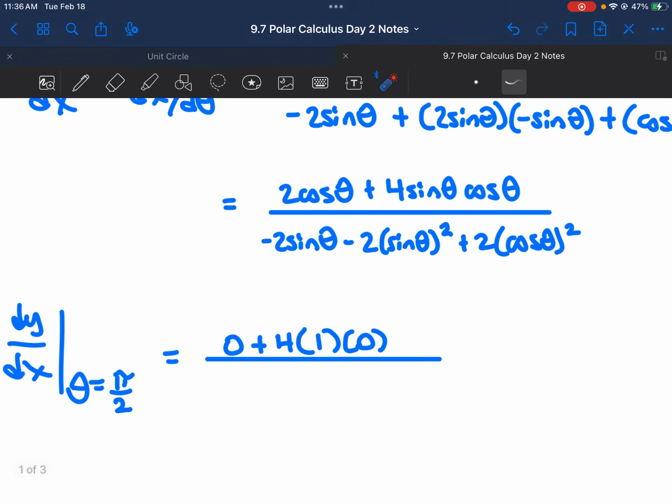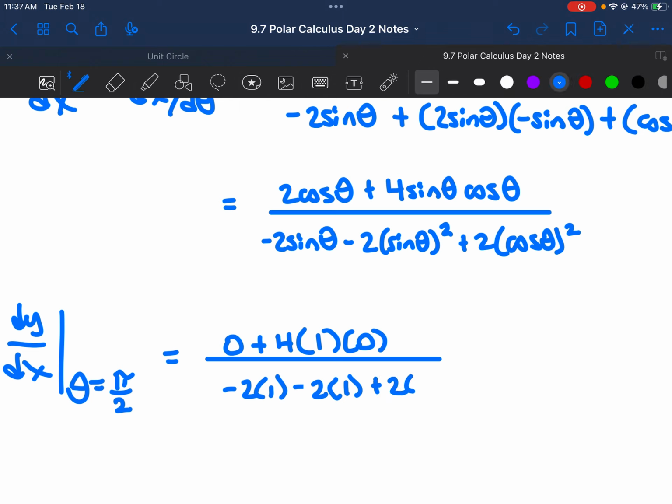On the bottom, negative 2 times, well, sine of pi over 2 is 1, so we got negative 2 times 1 minus 2. Sine of theta is 1, 1 squared, that's times 1. Cosine of pi over 2, that's going to be 0. So our slope, 0 over negative 4, which is 0.